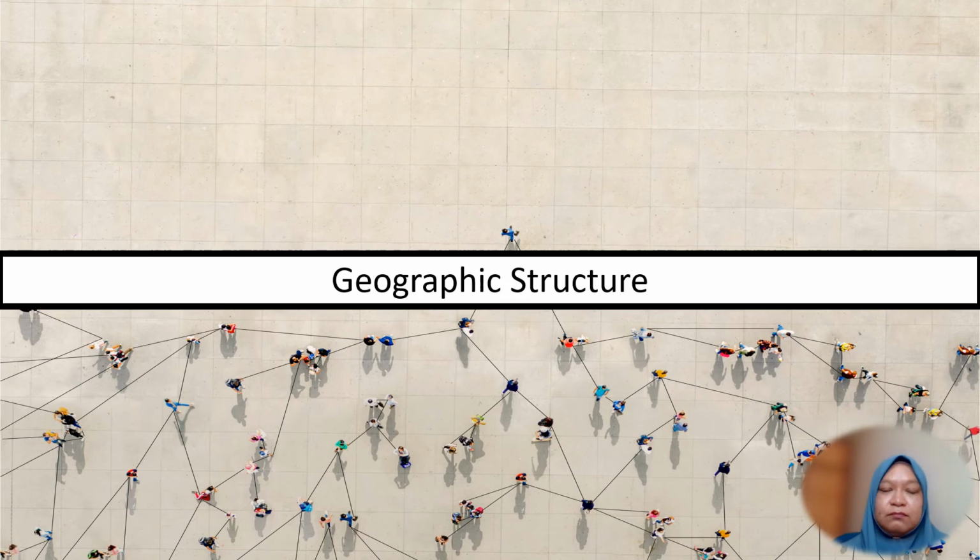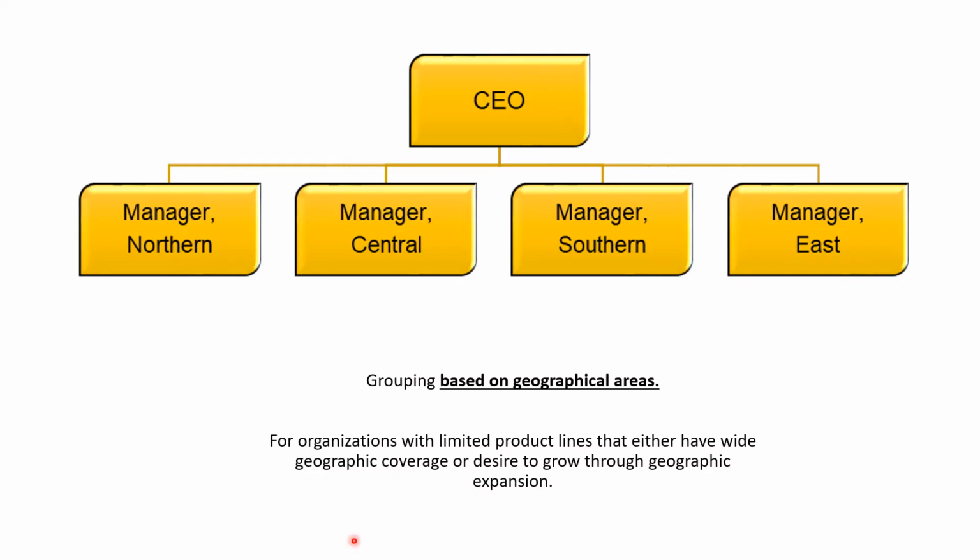Next, we have the geographic structure. Geographic structure is grouping based on geographical areas, for organizations with limited product lines that either have wide geographic coverage or desire to grow through geographic expansion. So this type of departmentalization is very suitable for organizations that cover a wide area.